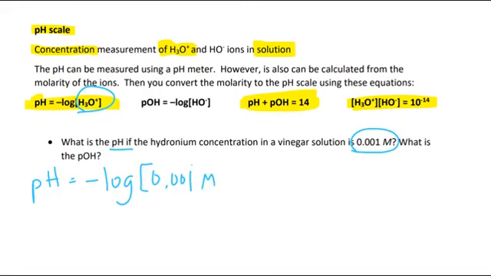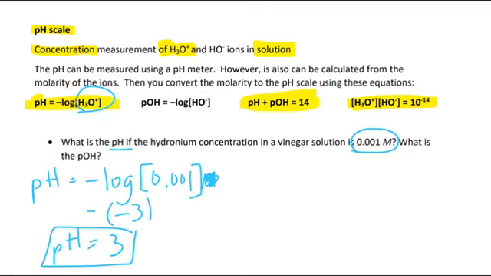And actually, the brackets symbolize concentration, so I don't need a unit right there. And if I plug this into my calculator, the log of 0.001 is -3. So the opposite of -3 would give us a pH of 3.